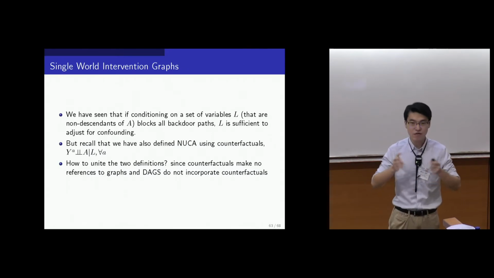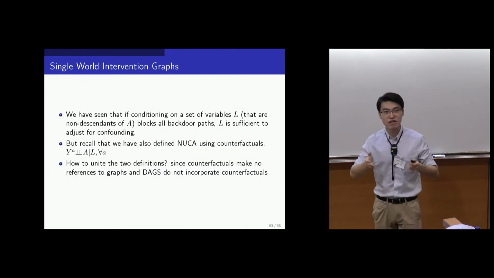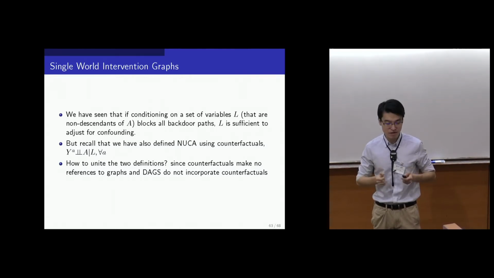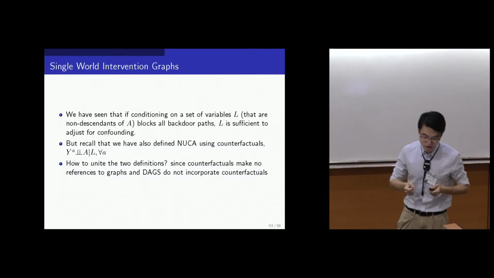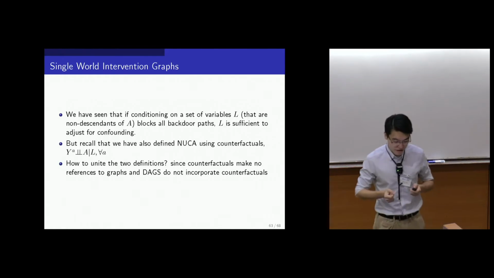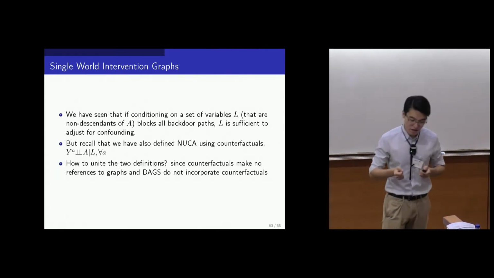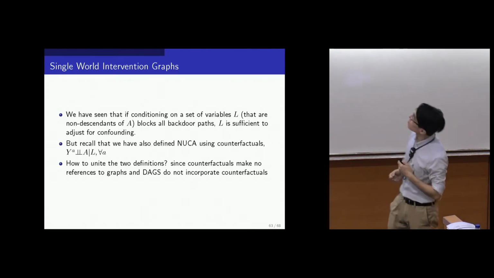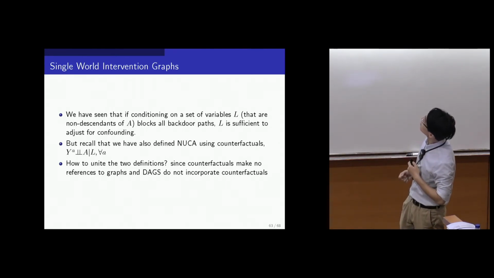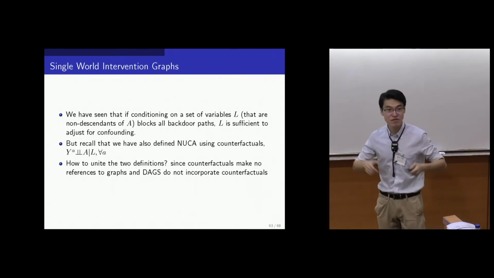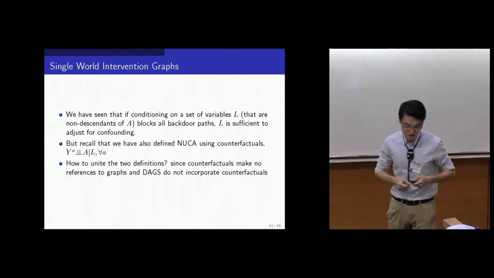But we see that in the graph, there is no potential outcome language in the DAG diagrams. So how do we unify these two definitions? Because when we look at this no unmeasured confounding assumption, there's no graph. And when we look at the graph, there are no potential outcome symbols in it.